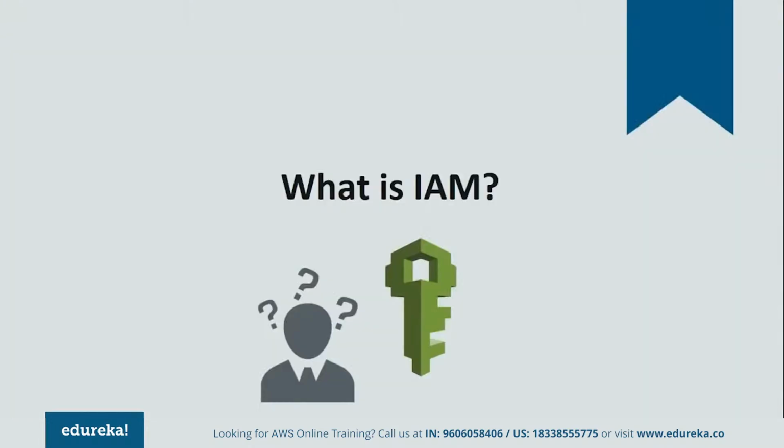Let's go ahead and understand how we can accomplish this in AWS, right? So to accomplish this in AWS, you need a service called IAM. You have a service called IAM which uses this concept of access management and allows you to give it to your users who are going to use your account, right?